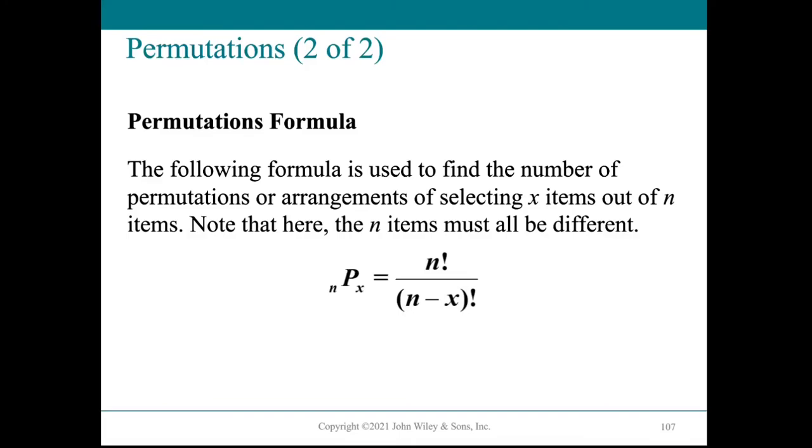For example, when selecting ice cream, getting a chocolate and a strawberry is just one combination. But choosing whether the chocolate comes first over the strawberry, or the strawberry comes first over the chocolate, are two different permutations, although in combination they are the same.